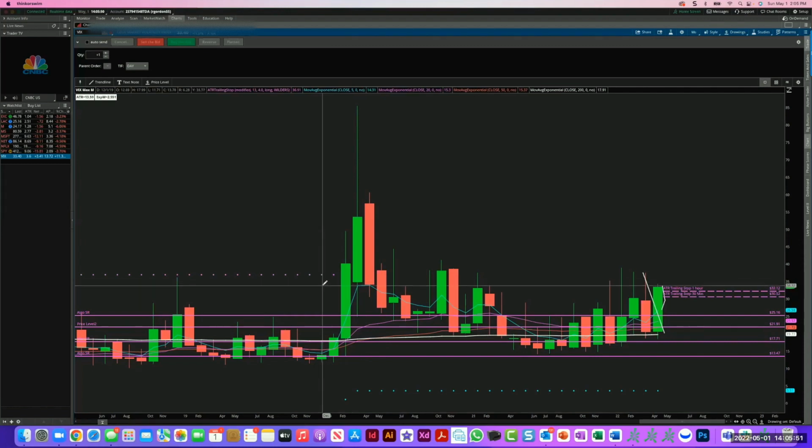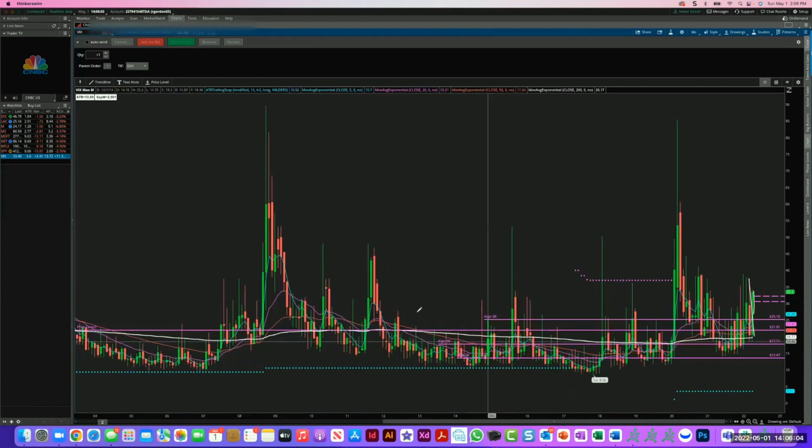And don't really see anything here. So I'm going to zoom out and take some other time frames into consideration. Again, 33.40. Ideally, I'd like to use the peaks.